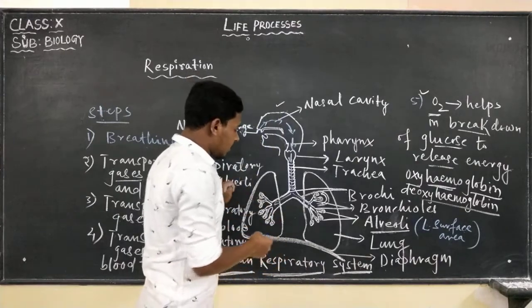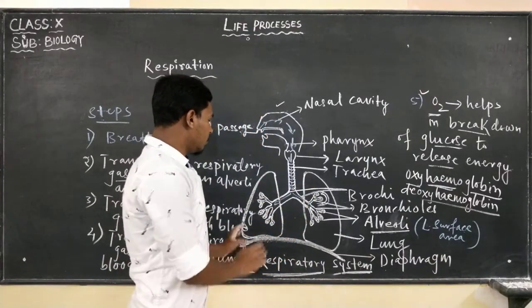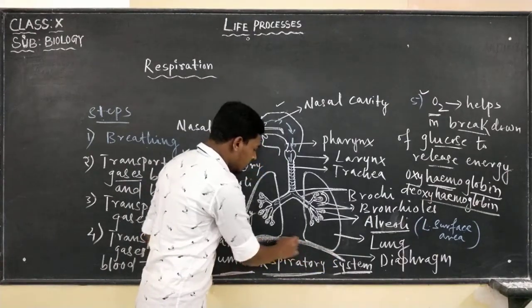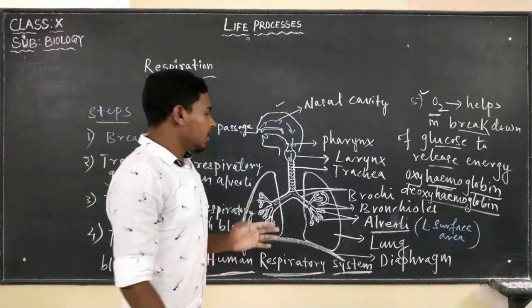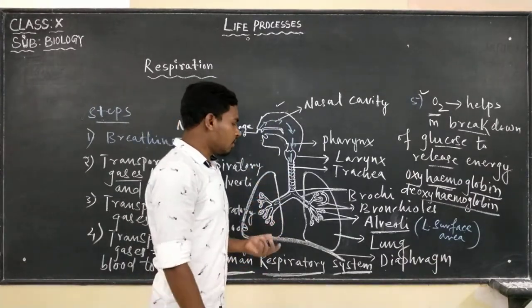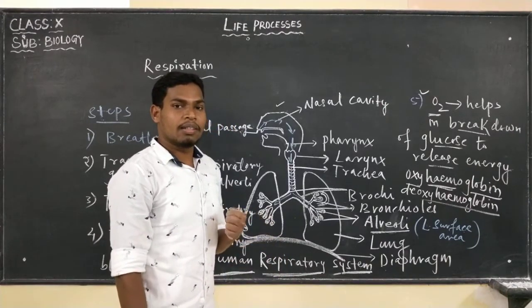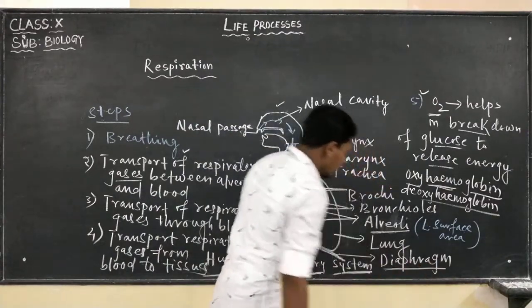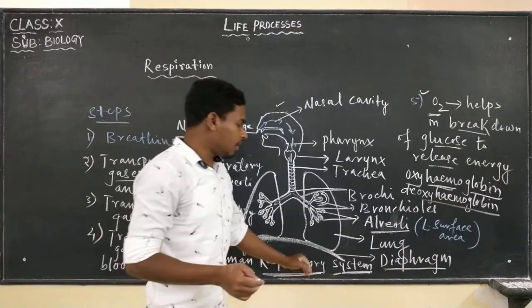And next, the mechanism of breathing. So what is the function of the diaphragm here? And what are the functions of the ribs? When we inhale, that means the diaphragm contracts.